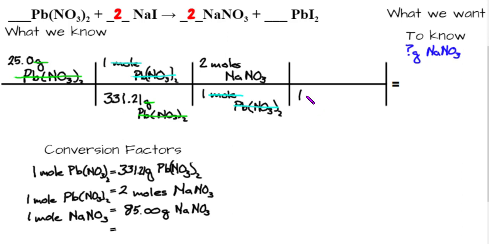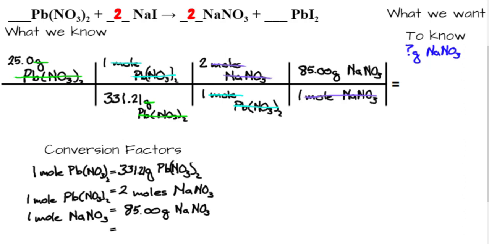So I can do 1 mole of sodium nitrate gives me 85.00 grams of sodium nitrate. Once again, I can cancel moles with moles of sodium nitrate, leaving me in grams, which is what I want.